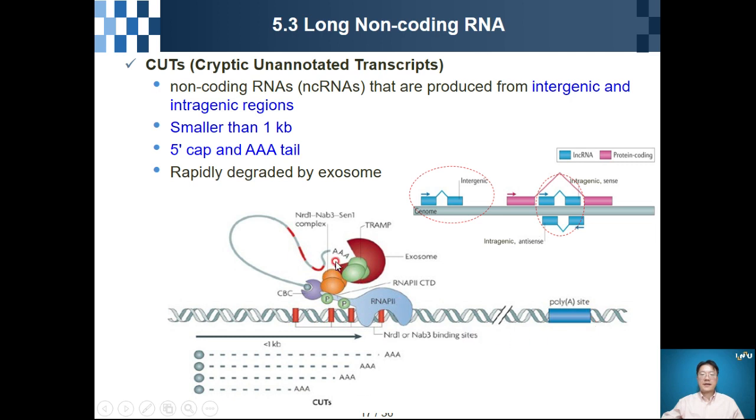They just have a short poly A, and this CUT long non-coding RNA is rapidly degraded by the exosome. Okay, because their structure is not stable, because they only have a short poly A. So because they are unstable, this CUT long non-coding RNA is usually rapidly degraded by the exosome.